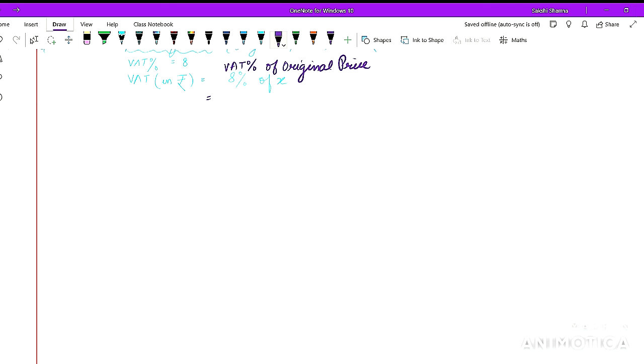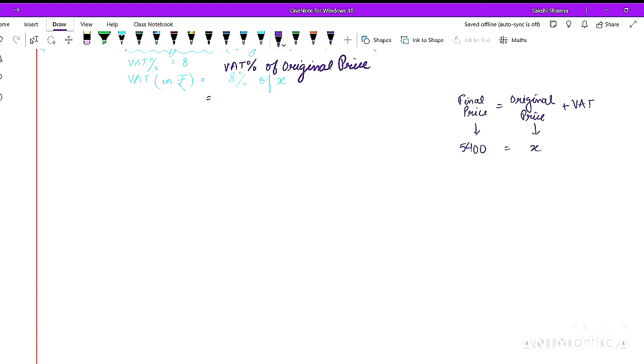You can either calculate the VAT right here, or you can form an equation and solve the expression while you solve the equation. So in that case, you will be writing it down as this: final price equals original price plus the VAT. The final price of the hair dryer is 5,400.